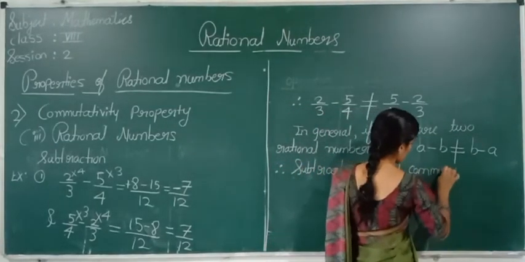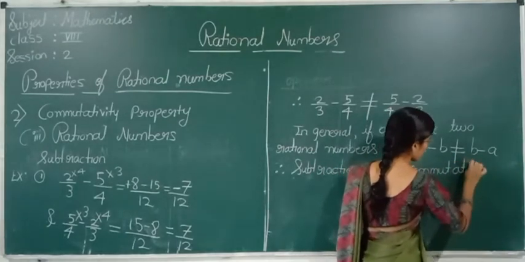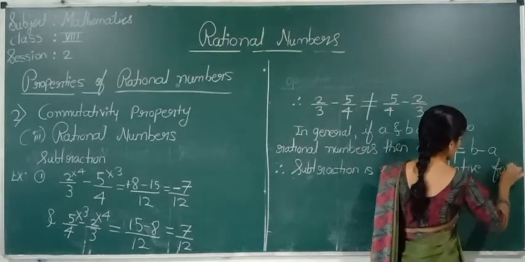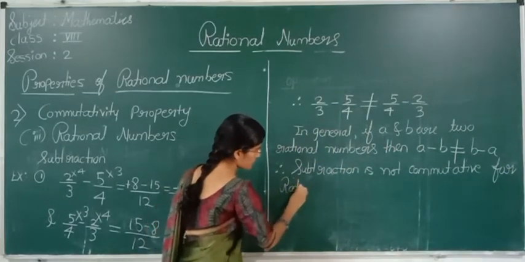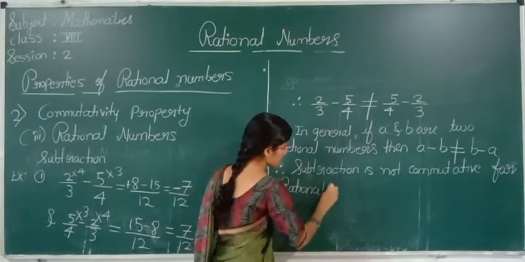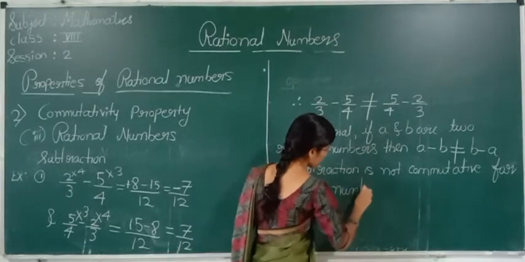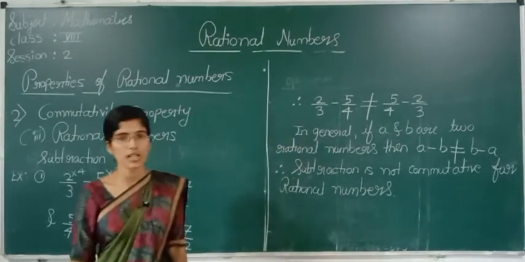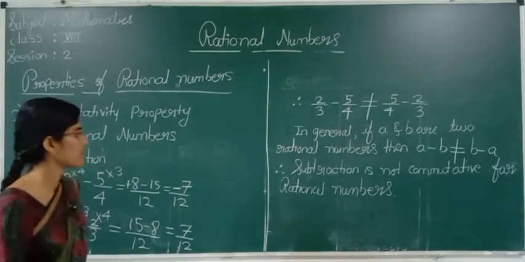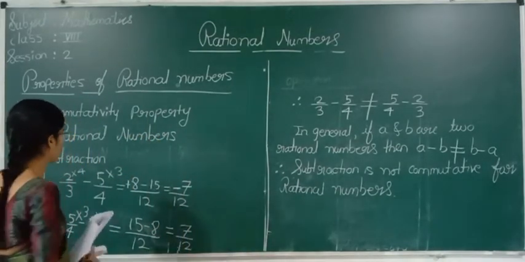Subtraction is not commutative for rational numbers. Therefore, we got the conclusion that subtraction is not commutative for rational numbers.